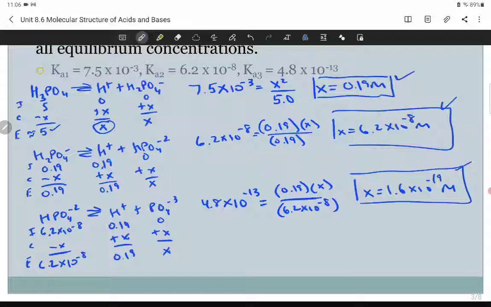The H3PO4 is in the ballpark of 5 minus 0.19. And then we have our X values for H2PO4 minus, and our HPO4 minus 2, and our PO4 minus 3.